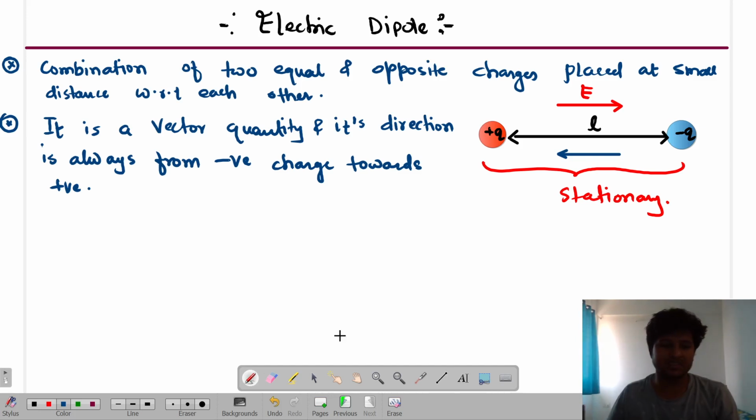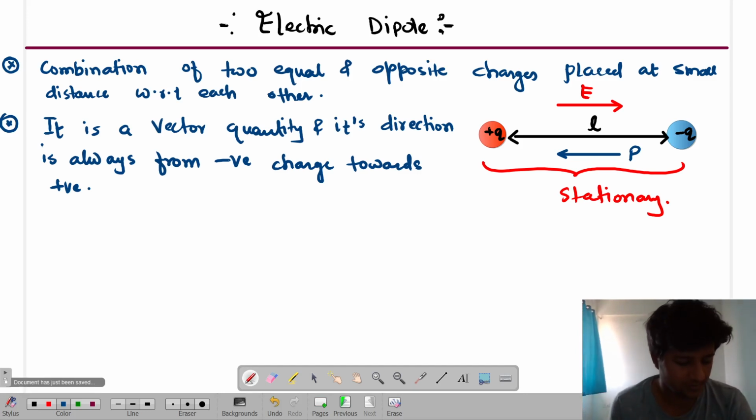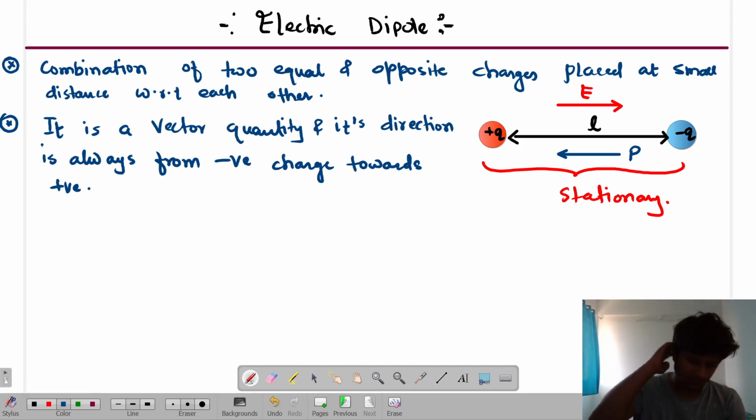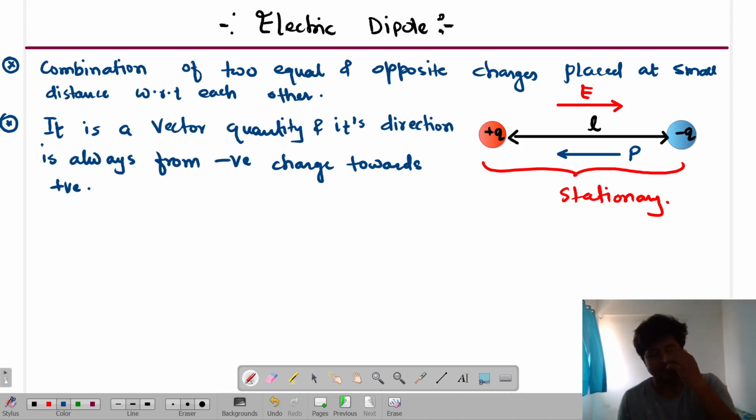The moment exists from the negative charge towards the positive charge, which prevents the attraction and ultimately keeps this plus q and minus q in some kind of stable configuration, if it is an atom kind of thing. Is that clear or not? It is from the negative charge towards the positive charge, or you can say directly opposite of the electric field, such that the system remains stationary. Are you able to get me?